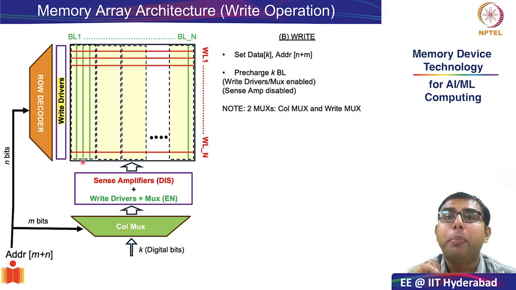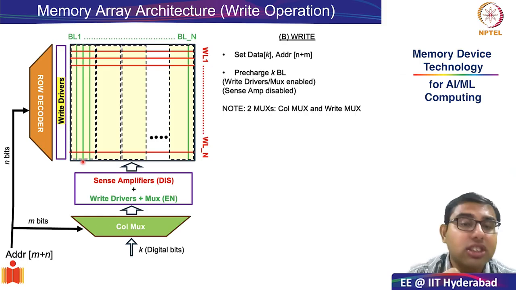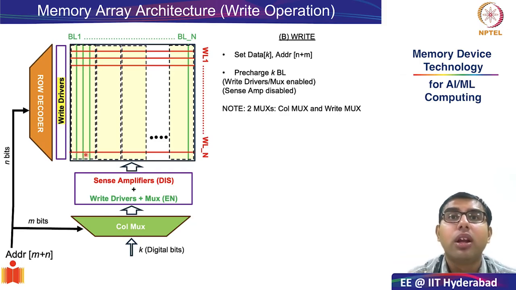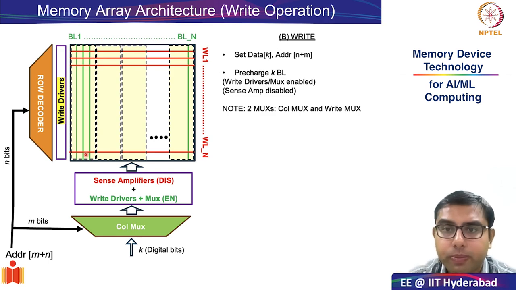Therefore, either 0 or 1 is pre-charged into the bit lines only for the corresponding 1 of the 2 to the power of m bit lines within each page.